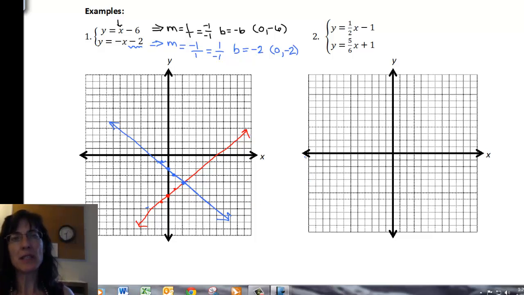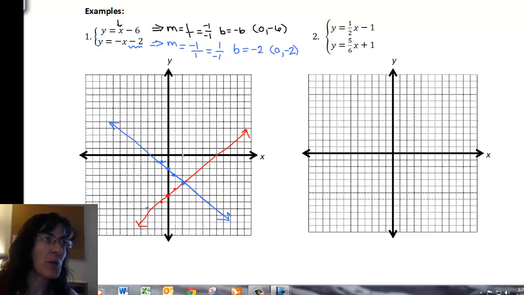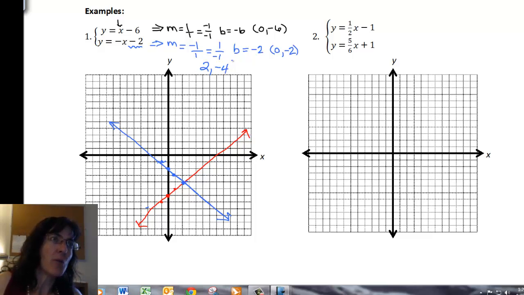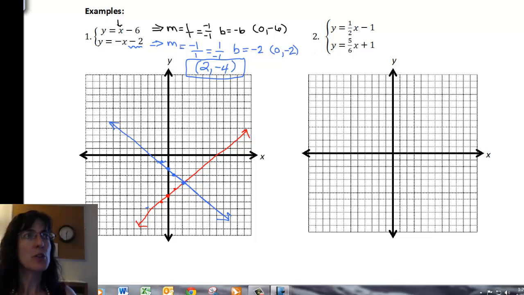So when I graph this line, we can see the intersection point, and it is at 1, 2, 1, 2, 3, 4. So the intersection is at (2, -4). That is the solution to our system. We can graph each line, look for the intersection point, and that is the solution to the system. And since they do cross, we expected to see that.